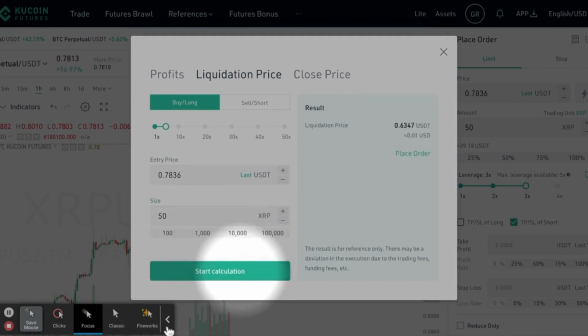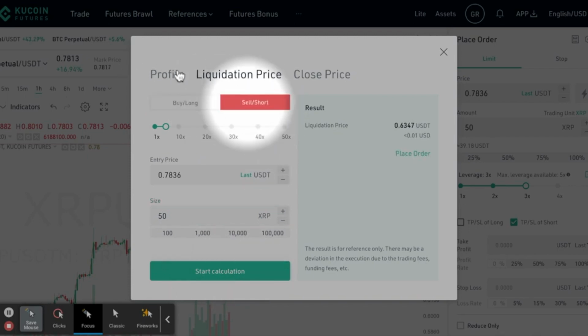So you're going to end up having a liquidation price. If I went long, make sure you got the right one right there. My liquidation price will be about 93 cents. So that means I'm going to lose it all.